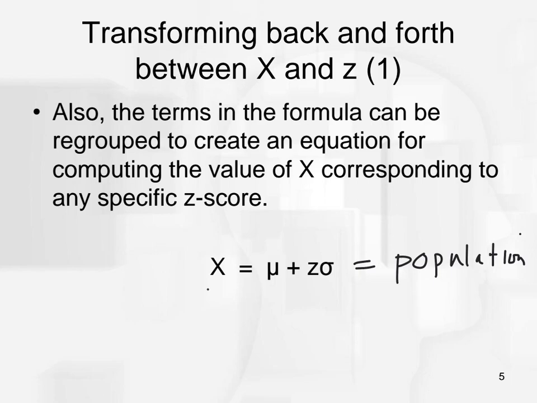If this were a sample, we'd still have x, but instead of having mu, we'd have m, we'd still have z, and we'd have s. And that would be the equation that would be comparable for the sample. And remember once again that from an arithmetic standpoint, the population and sample would give you an equal answer.